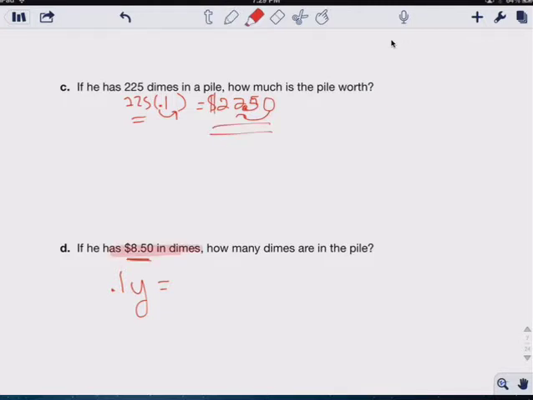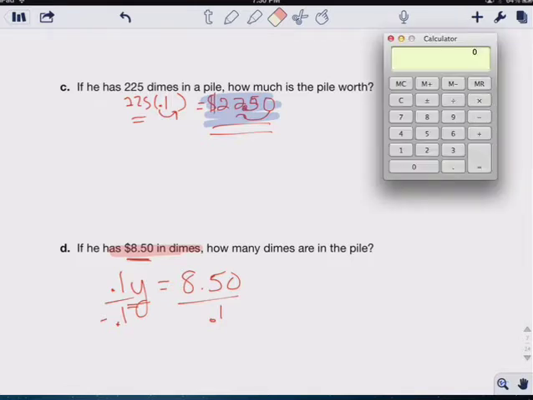So in place of this right here, you put $8.50. And you leave your Y there because we don't know how many dimes it is. Divided by 0.1. 85, just to make sure. Get out the calculator. 8.5 divided by 0.1 equals 85 dimes.